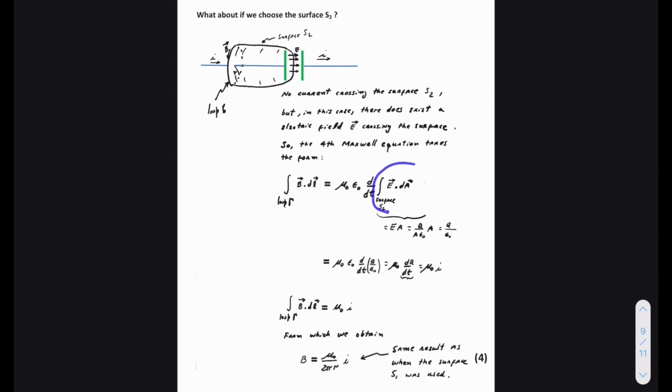This thing can be rewritten as Q divided by epsilon naught, which you can see from this simple calculation. And this rate of change of charge gives you the current I, leading to the exact same equation as the previous case and the exact same magnetic field.